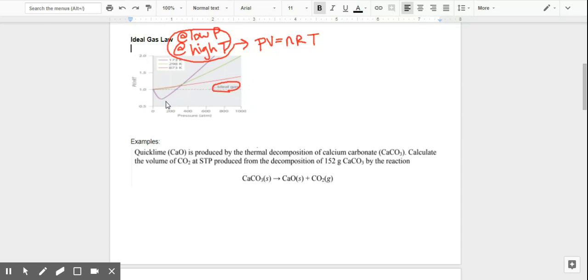What we look for here is that if my pressures are pretty low in this area, you deviate less from ideal than when you have higher pressures. So as you're increasing your pressure, your gases start to deviate from ideal behavior.